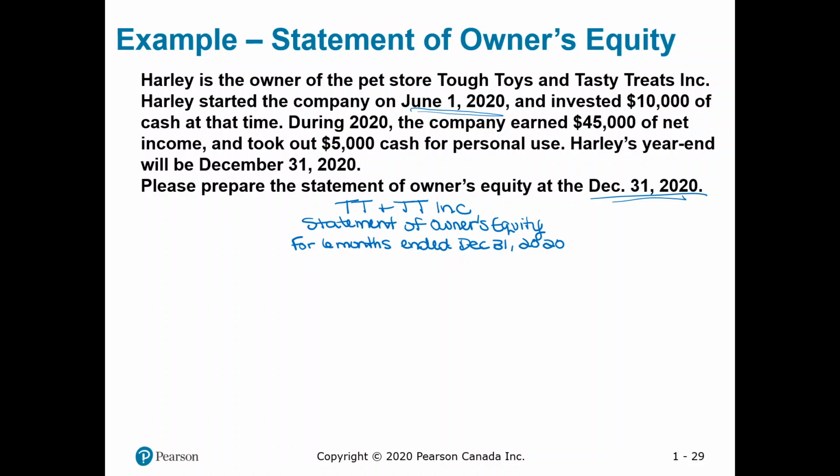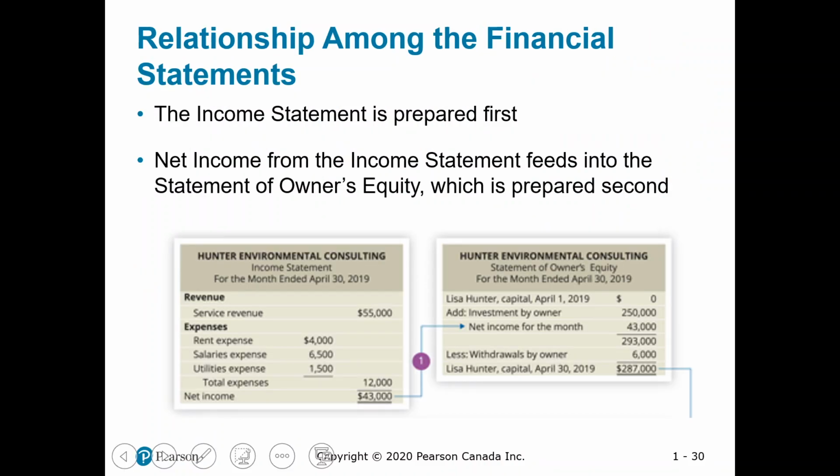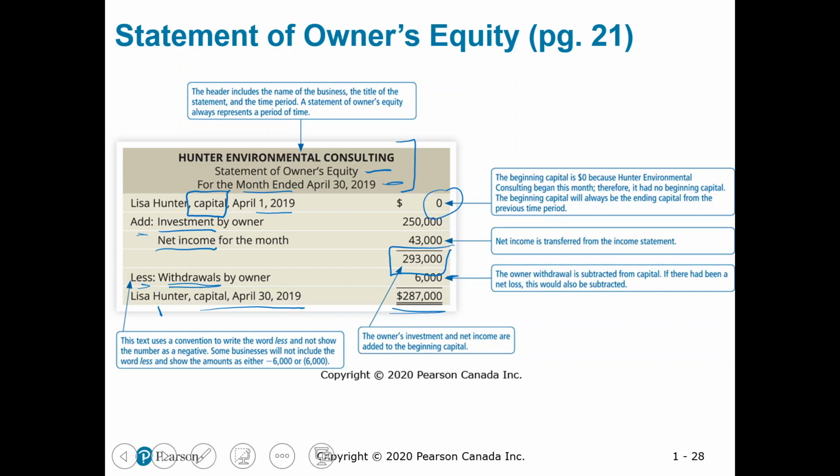All right, so we always start with the opening capital balance, Harley capital. And you can either say the specific date or you could just say opening. In the previous slide, it showed the actual date.